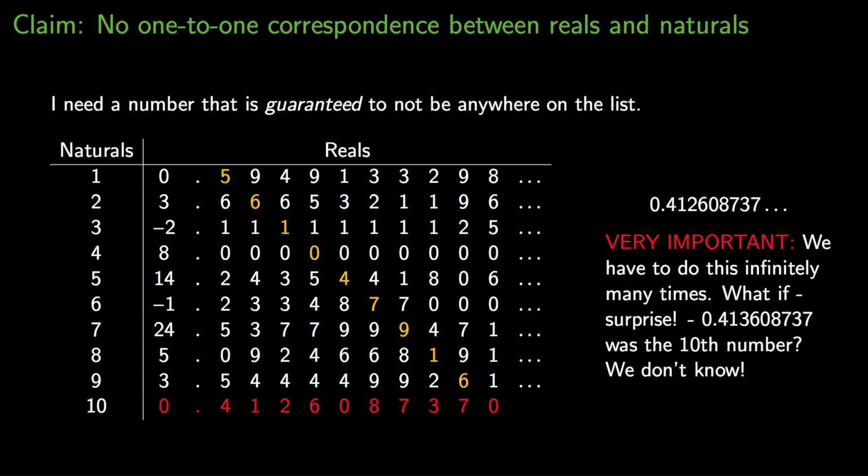So like, what if the 10th number on the list was 0.41260873770 and you didn't know? If you didn't say, well, I keep making these choices infinitely many times, you might fail in this proof.